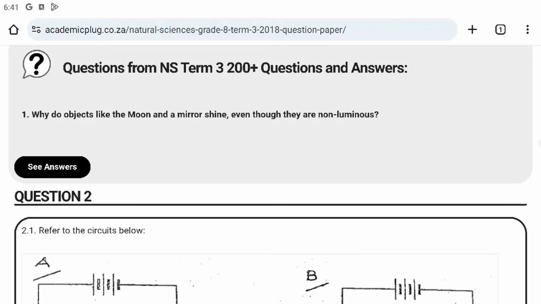If you do, write that answer in the comments. But also make sure to check the answer whilst you practice the 200 questions and answers.